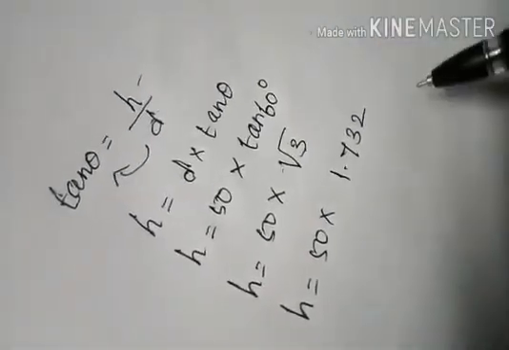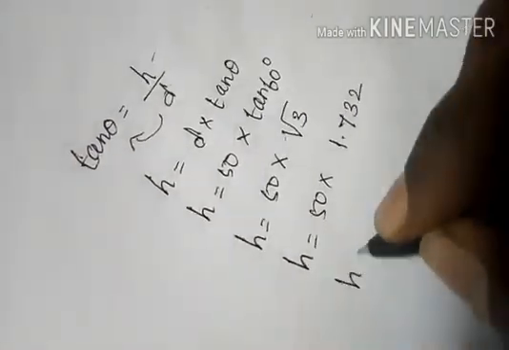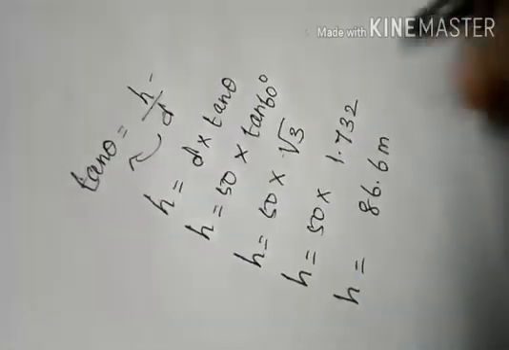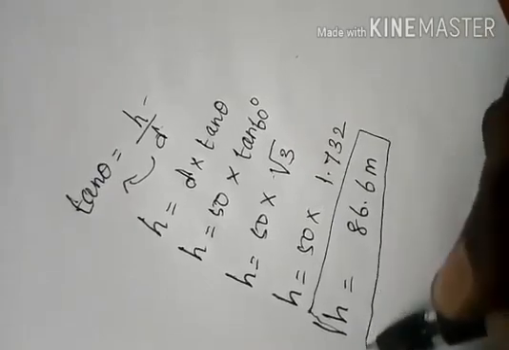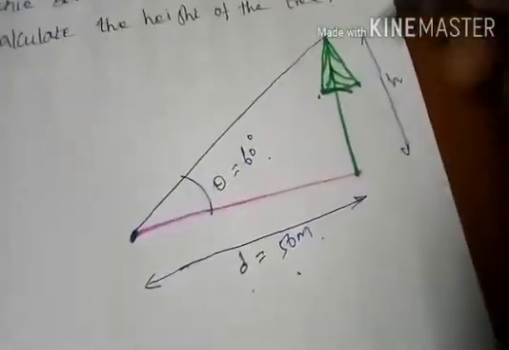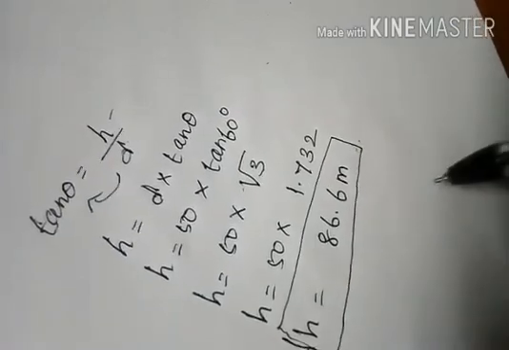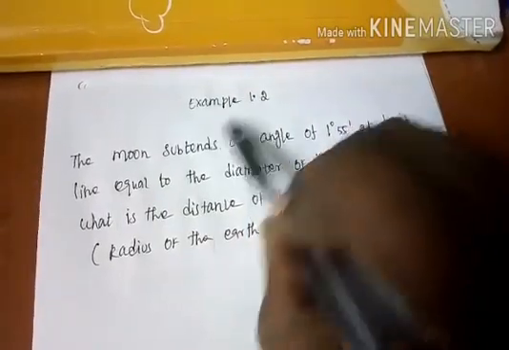If you multiply these values, finally we will get the result as h equal to 86.6 meter. So the height of the tree is 86.6 meter. Thank you.